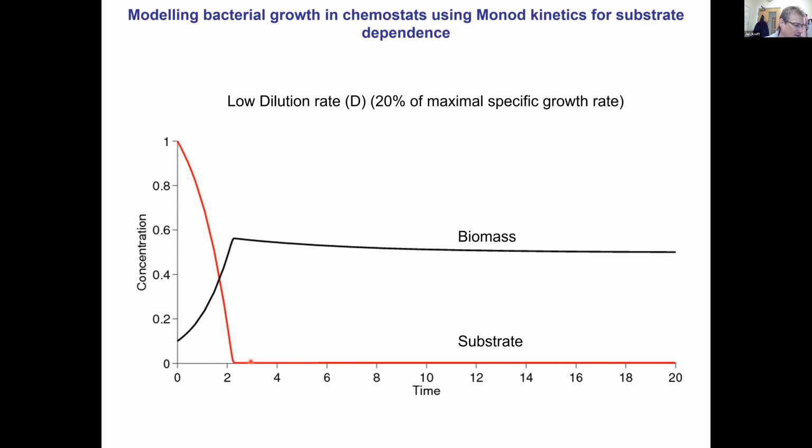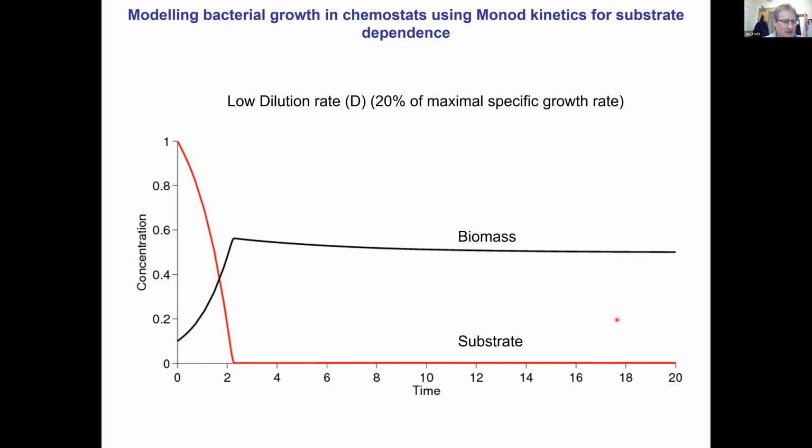It may look like zero, but it is actually a positive concentration, typically very low. And at that concentration, the bacteria are able to grow at a rate that is just sufficient to balance the removal with the outflow. So you get a steady state of biomass concentration, meaning that the biomass concentration does not change over time. And the same is true for the substrate concentration, which does not change over time. And this is called a steady state.